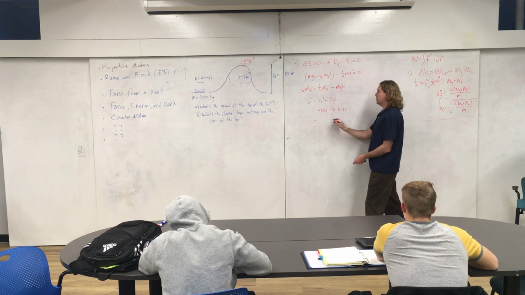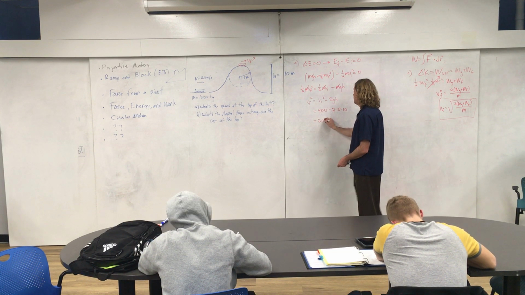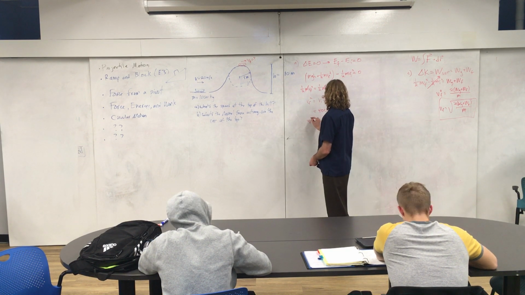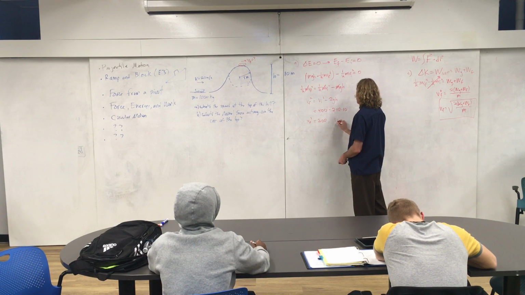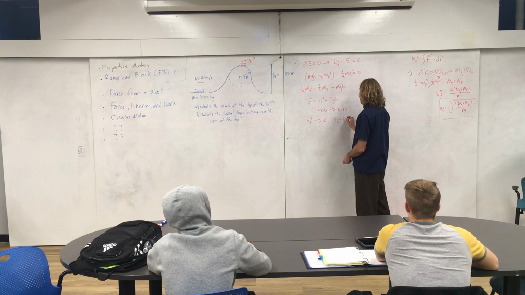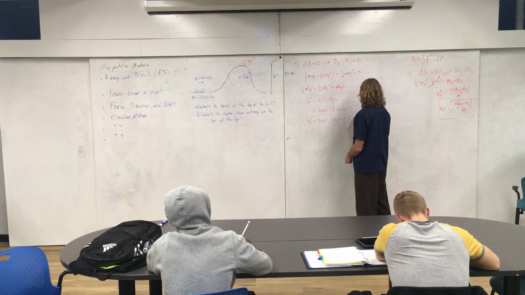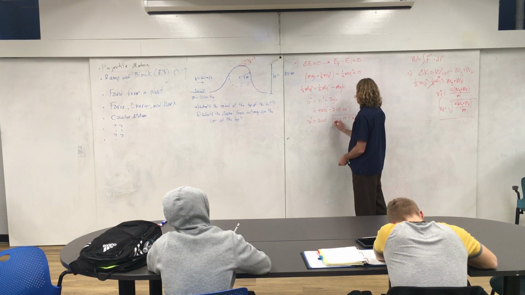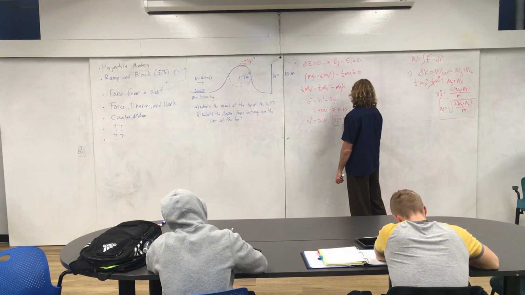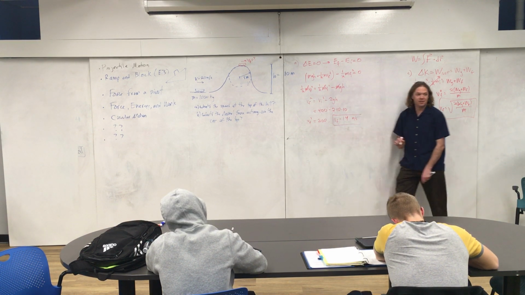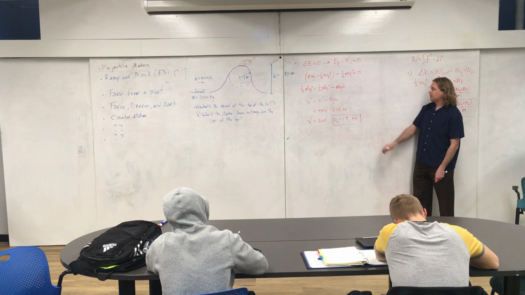So 400 minus 200 is 200. And the square root of 200 is like 13 and a half. 14 point something? 14.1, cool, that's even better. I'll just write 14. Cool, so that's the speed at the top.